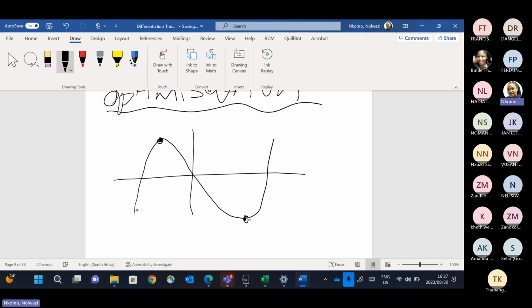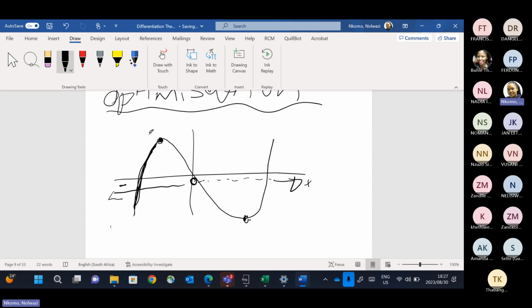You see here, our function is increasing, right? Because remember, we have 0 at the origin, and the numbers are increasing from this side to this side, right? And from this side to this side, the numbers are decreasing, right? So if the graph is moving from this side to this side, it's increasing.